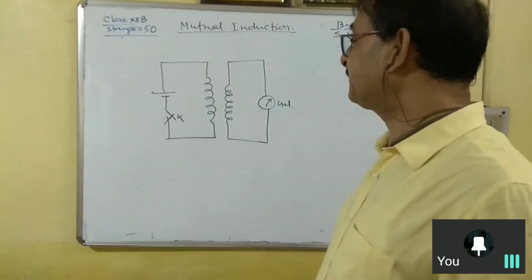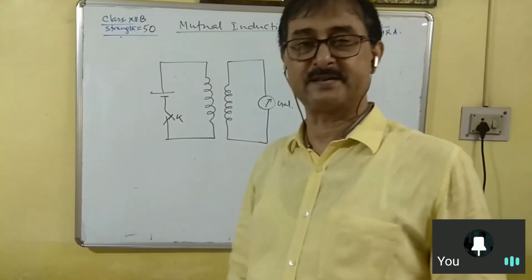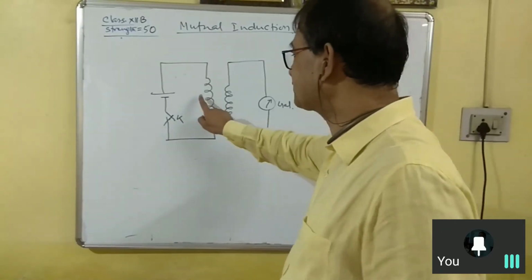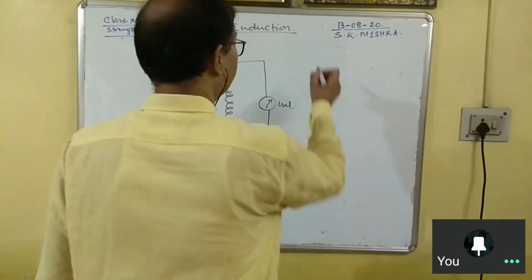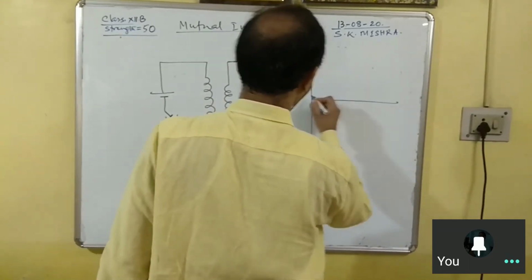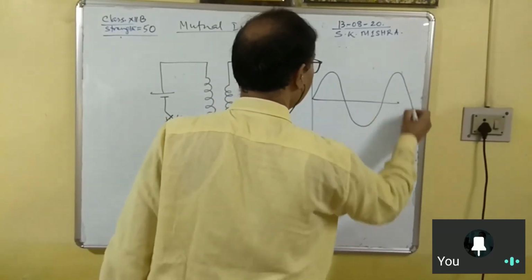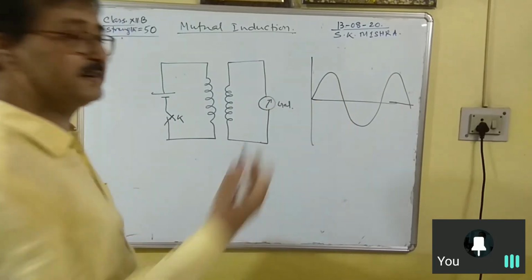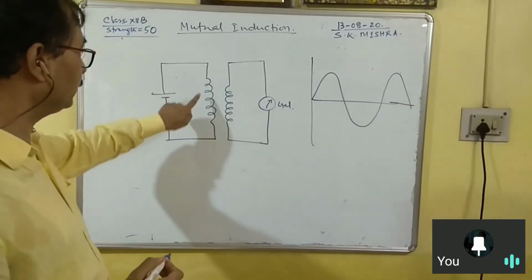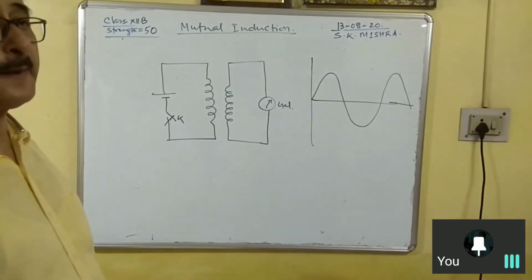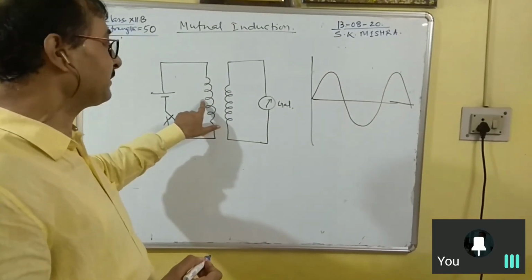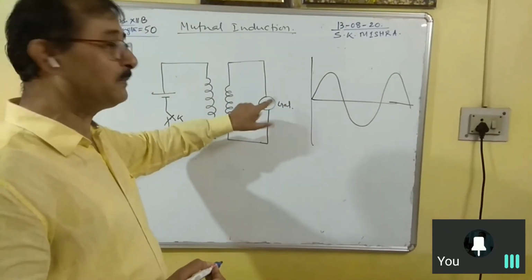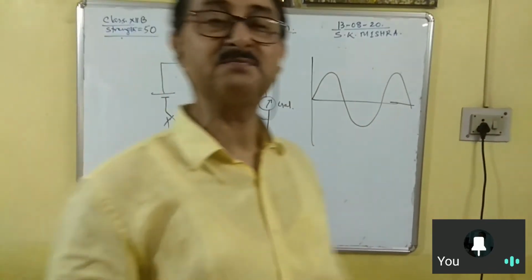But if a current like alternating current is passing through the first coil, you know alternating current is varying continuously. It is not a constant current. It varies continuously with time. So if a varying current is allowed to pass through the first coil, that is the primary coil, and the secondary coil is placed just near the primary, then this galvanometer will show you a permanent deflection.